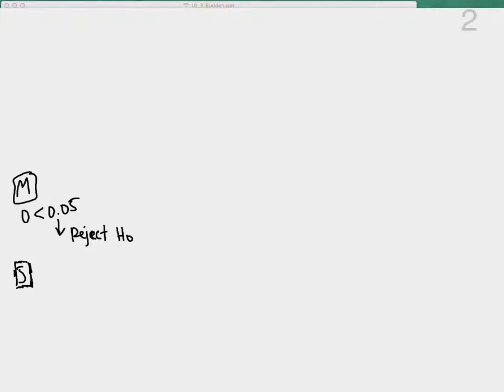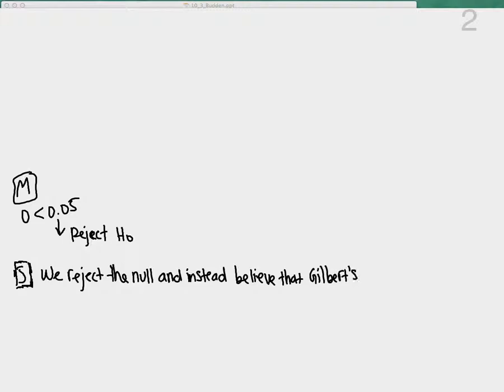So we're going to say we reject the null and instead believe that Gilbert's death rate is higher than the hospital's.